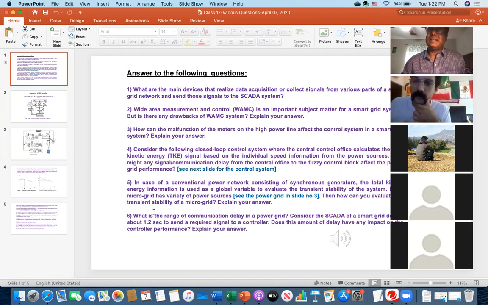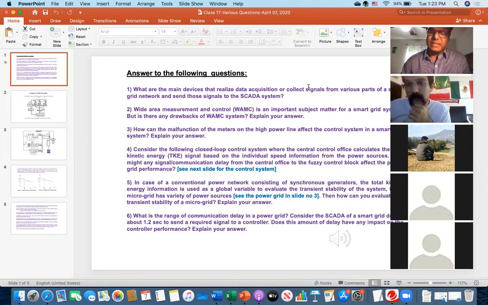Yeah, right, exactly. From the synchronous machine, it is separately collecting the speed signal. But that speed signal, SCADA is just keeping for local control of that synchronous machine. That speed signal is not being used as a global variable.